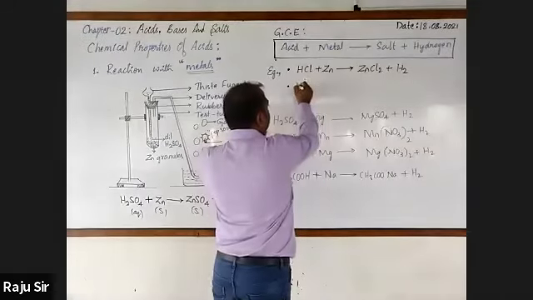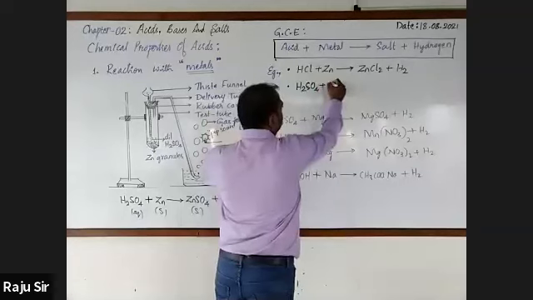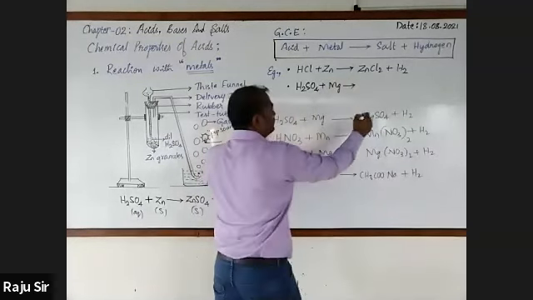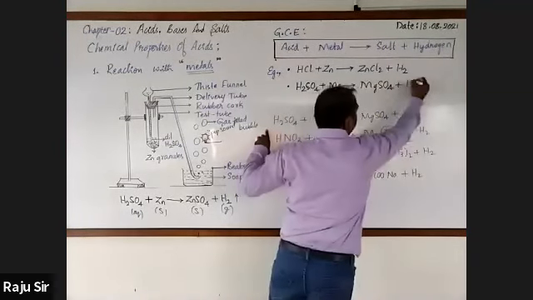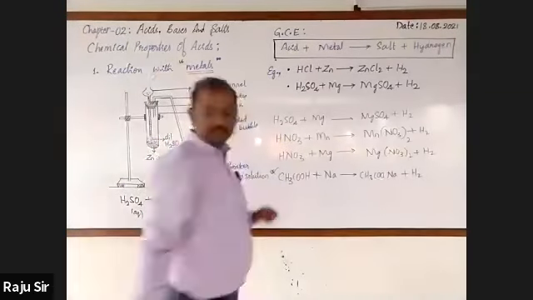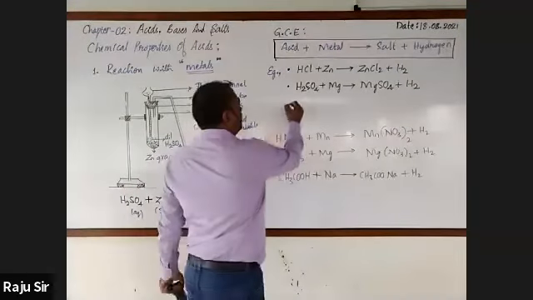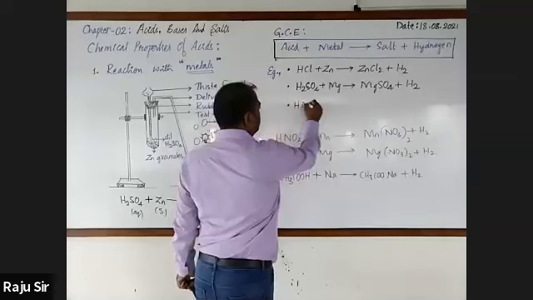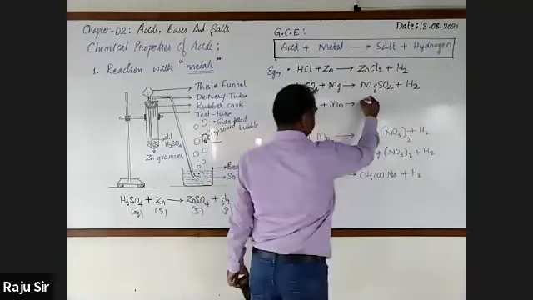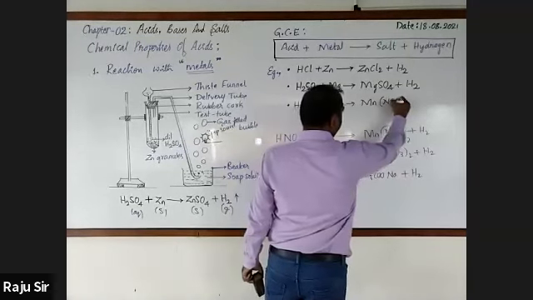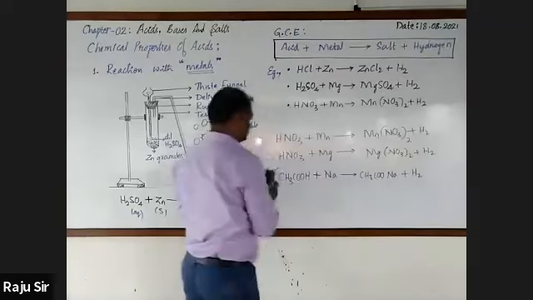Next one. Dilute H2SO4 reacts with magnesium, Mg, to produce a salt called magnesium sulfate with the liberation of hydrogen. Next, dilute nitric acid reacts with manganese to produce manganese nitrate with the liberation of hydrogen gas.